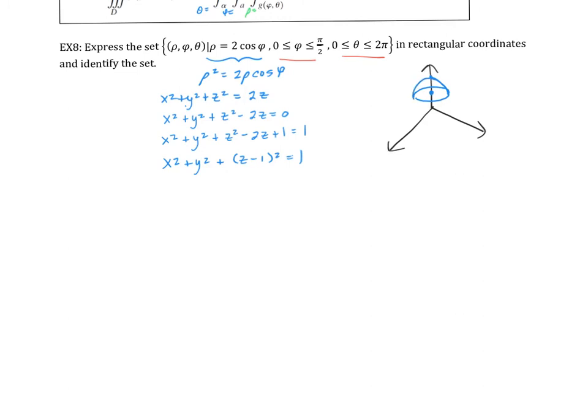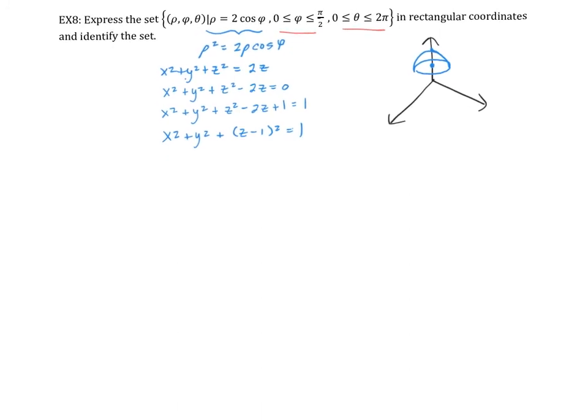So that is actually a half sphere, the upper half of a sphere with a center 0, 0, 1 and a radius of 1. So upper half of a sphere with center at 0, 0, 1. Oops, helps if I put an r in there. And a radius of 1.